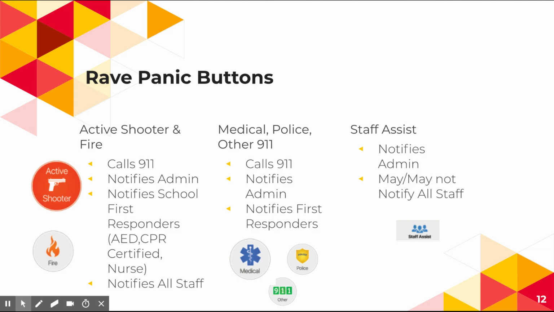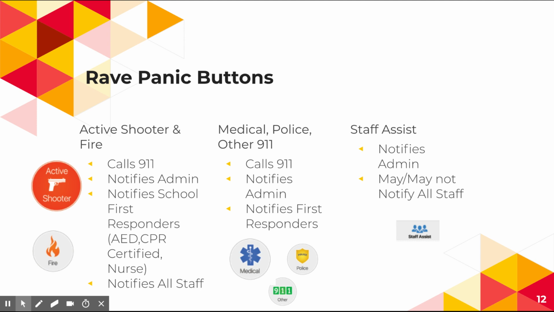Staff Assist sends internal notifications through the Rave panic button without dialing 911, allowing you to get help from on-site resources for situations that don't require an external emergency response.